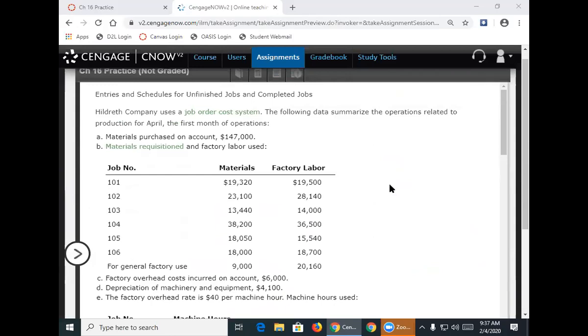Again, I like to start with the T accounts. I'll also have to keep track of job costs, but we'll start with our T accounts.